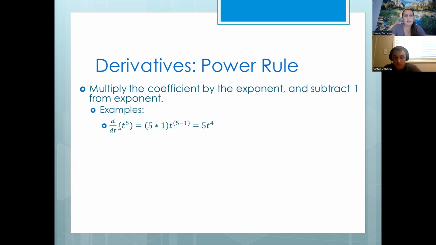So the derivative of the expression t to the 5th, with respect to the variable t, here's how we do that. We multiply the coefficient, which in this case is 1, since 1 times t is the same thing as t. So we just drop in a coefficient of 1 there. Multiply it by the exponent on the variable. Here the exponent is 5, so we'll do 5 times the coefficient.